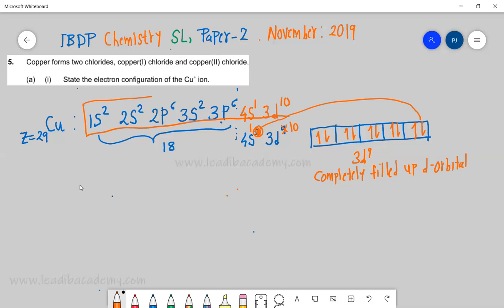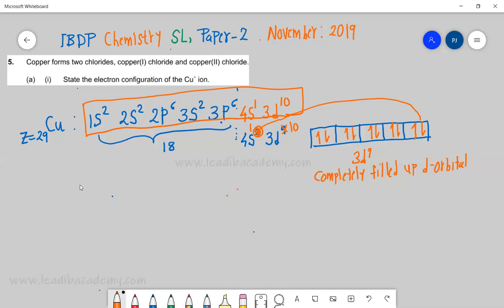Very interesting. So the actual configuration of the copper element, we have not yet reached the copper ion, becomes 1s2, 2s2, 2p6, 3s2, 3p6, 4s1 and 3d10.